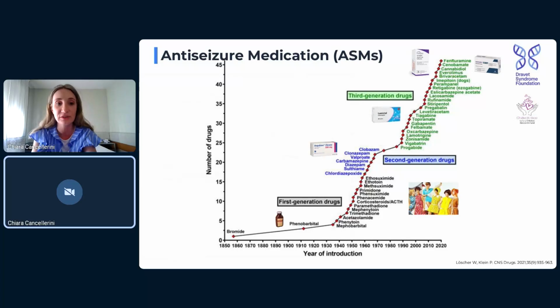Then the third generation of agents over the last two decades was highly effective and better tolerated, with drugs like lamotrigine, levetiracetam, topiramate.